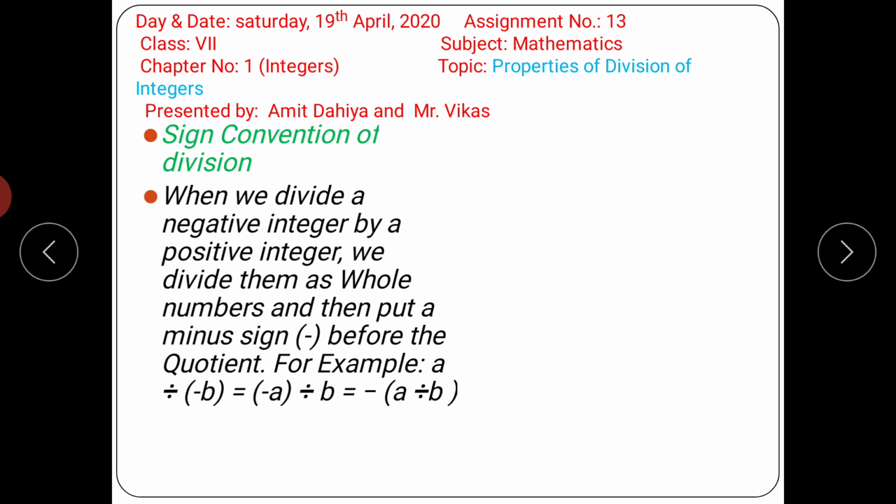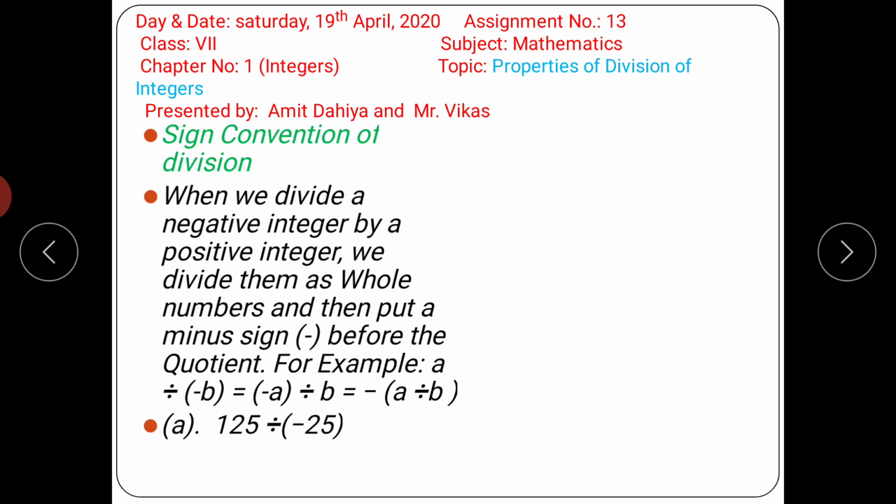For example, a divided by minus b, or minus a divided by b, is equal to: first divide the whole numbers, that is, divide a by b, and put a minus sign in front of it. For example, 125 divided by minus 25.